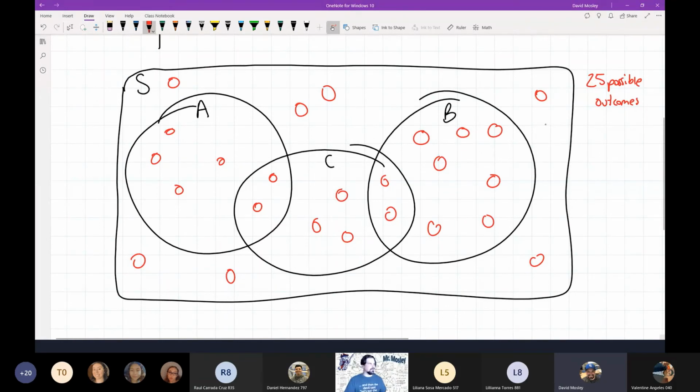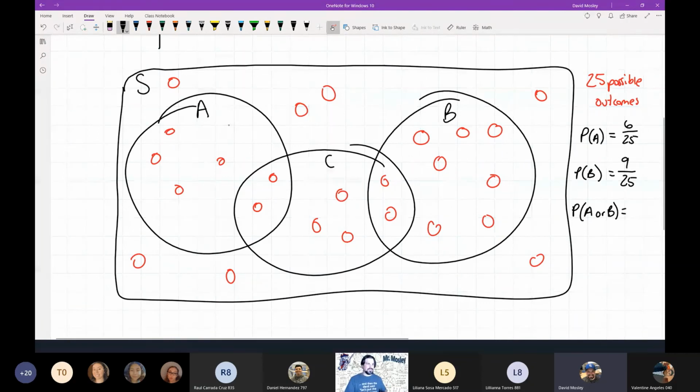The probability of A is 1, 2, 3, 4, 5, 6. Right, we have 6 out of 25. Probability of B, 2, 3, 4, 5, 6, 7, 8, 9. Right.